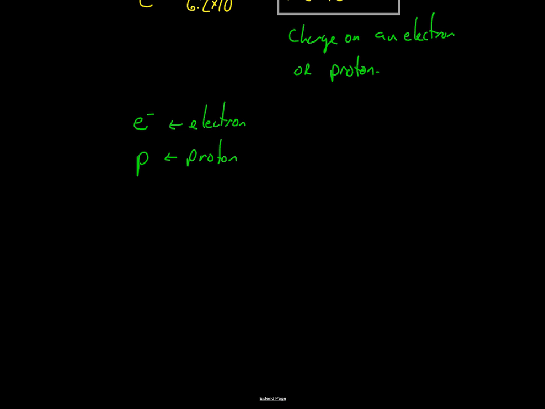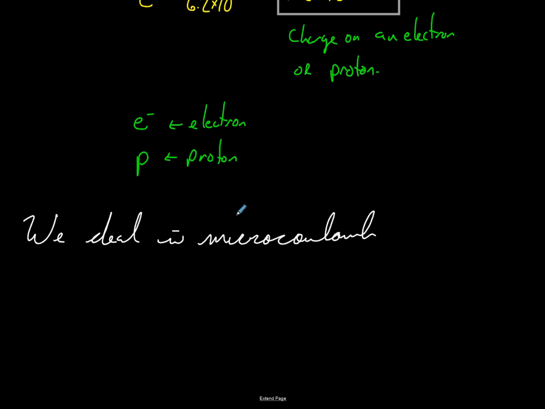Because a Coulomb is such a gigantic amount of charge, in our daily lives we generally deal with microcoulomb charges. Like a lightning strike might travel 1.5-ish coulombs of charge, give or take.